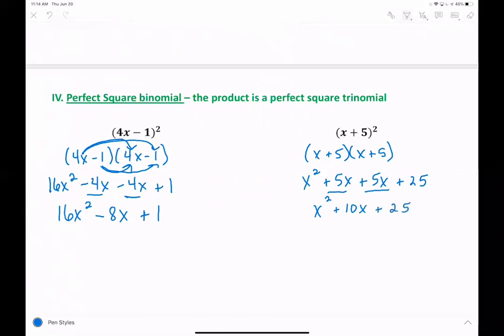Now, there is a shortcut that I will show for those that can pick it up easily. I know in college algebra we use this shortcut quite a bit. Instead of having to write it out twice like we did here and here, the shortcut says that I can take the binomial, so let me write it out like this.